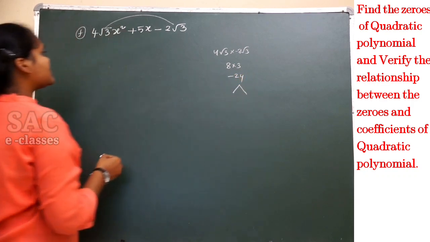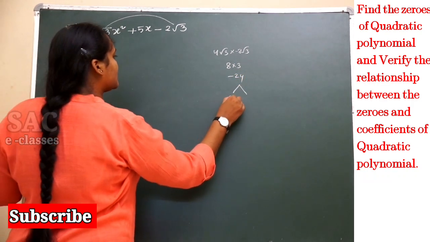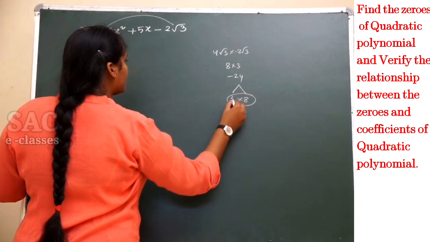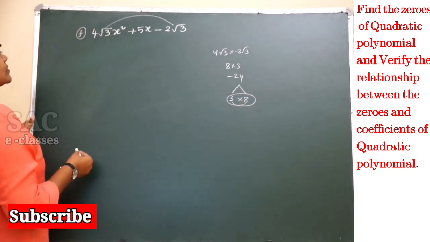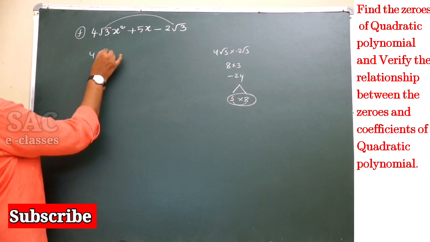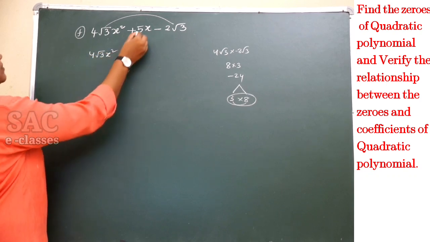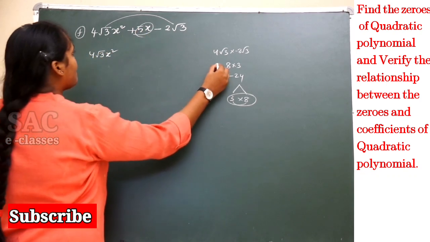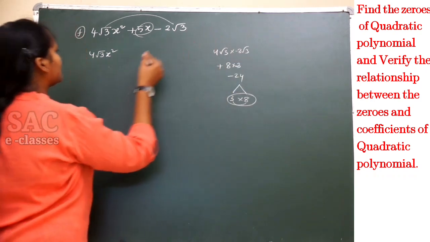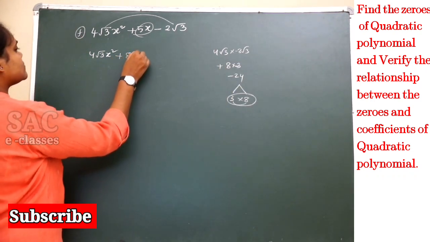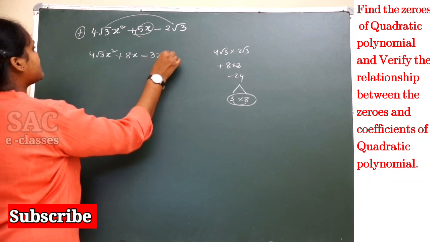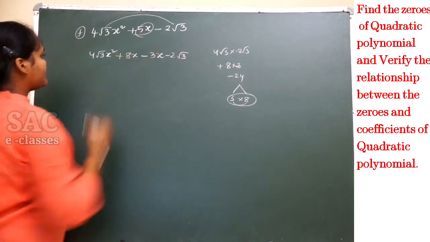What are the factors of 24? Obviously 3 and 8, whose difference is 5. So the correct one is 4 root 3 x square; let me express 5x as plus 8x minus 3x, minus 2 root 3.